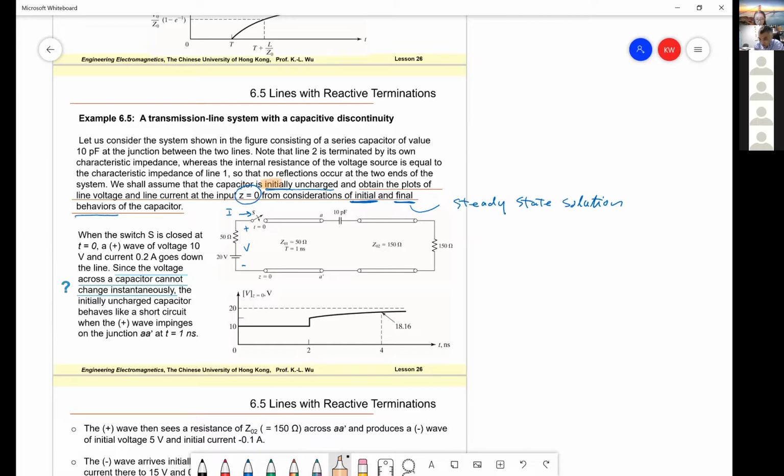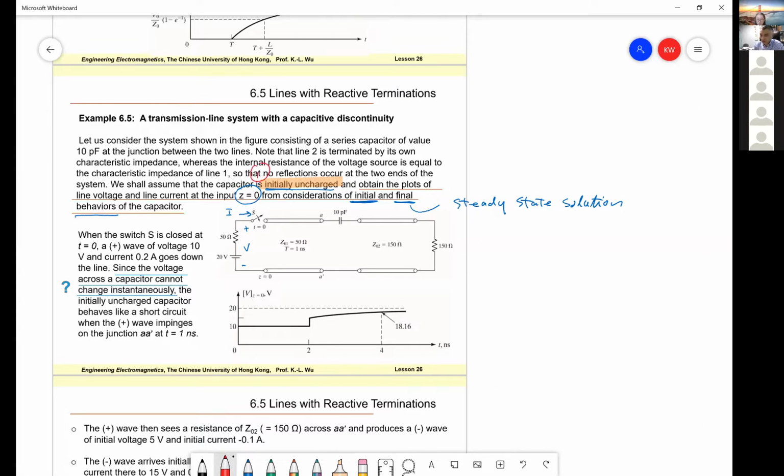Read this problem: initially no charge. Initially no charge means the initial voltage across the capacitor is 0, because there is no charge and no electrical field. So this is the first thing.